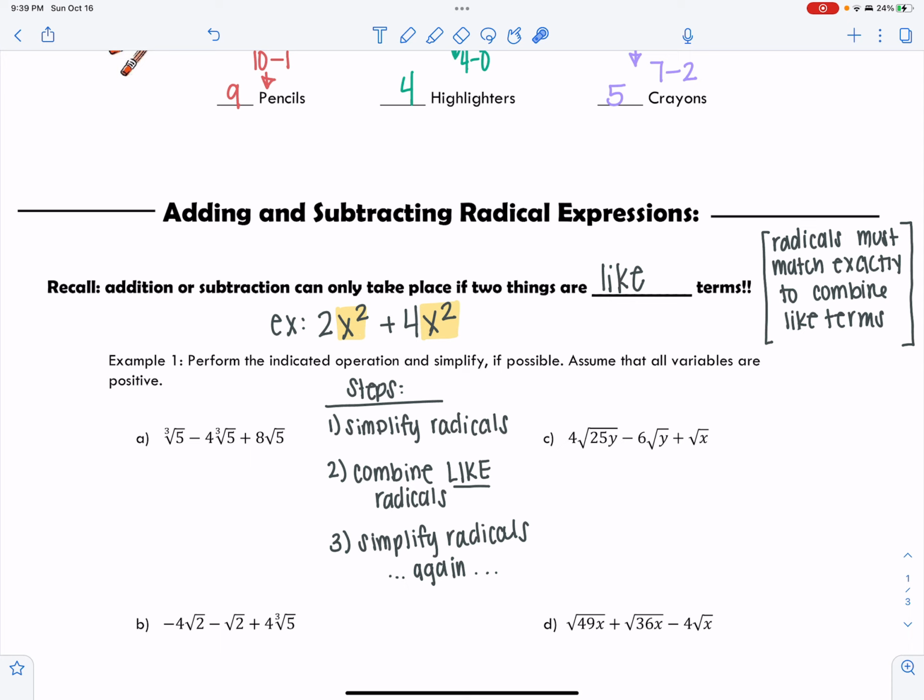So before we start doing some examples, just recall back from the early Math 101 and from your early algebra days that in order to add or subtract, you have to have like terms. And what that used to mean was 2x squared plus 4x squared.